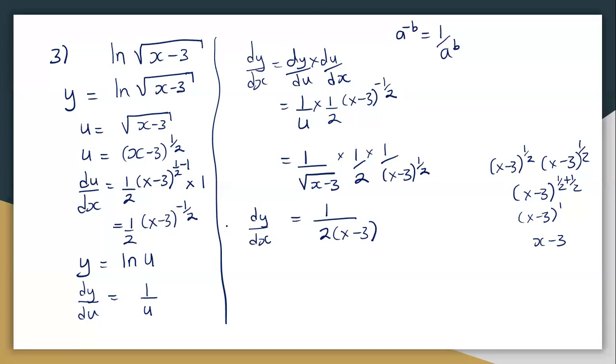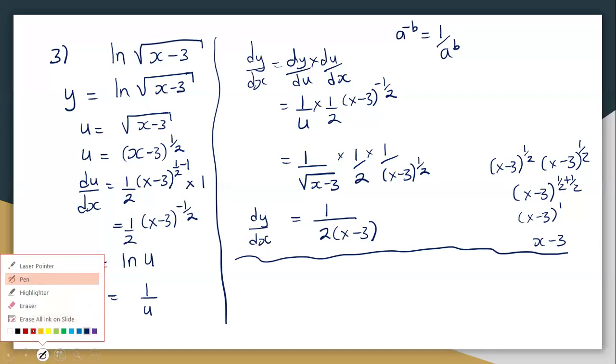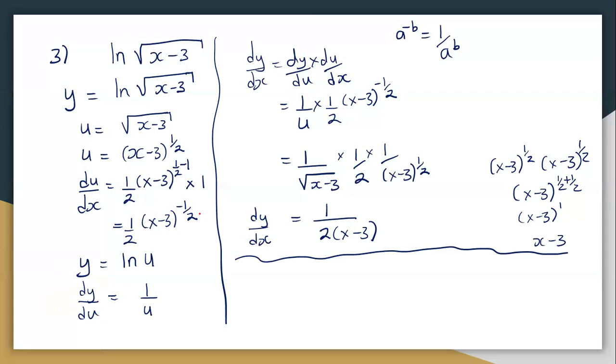Okay, how have we obtained this differentiation? Let me put here some side work to help you remember this kind of differentiation. If we have x minus 3 power a half, how do we differentiate it? In order for us to differentiate, we can still use the chain rule.